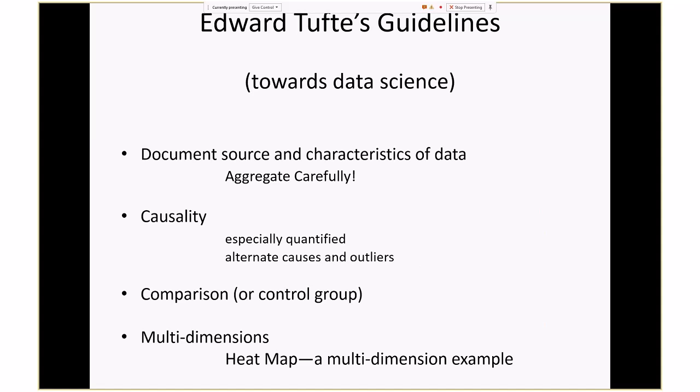And then the whole thing is causality, but causality is very difficult, and so you have to quantify it, and you have to test it. You have to say what was my control group, what were my independent variables and dependent variables.